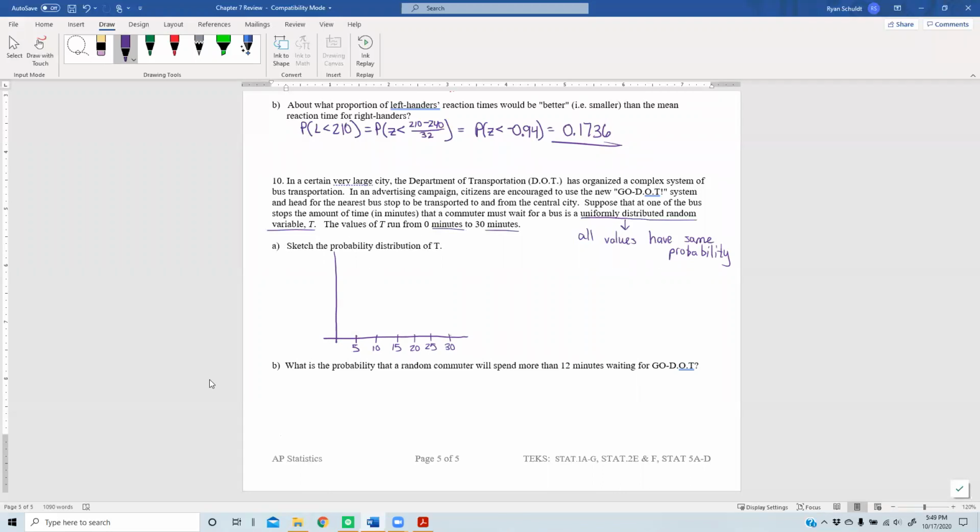And then my y-axis is my probability, so 0.01, 2, 3, 4, 5. So this is minutes. This is probability of x.